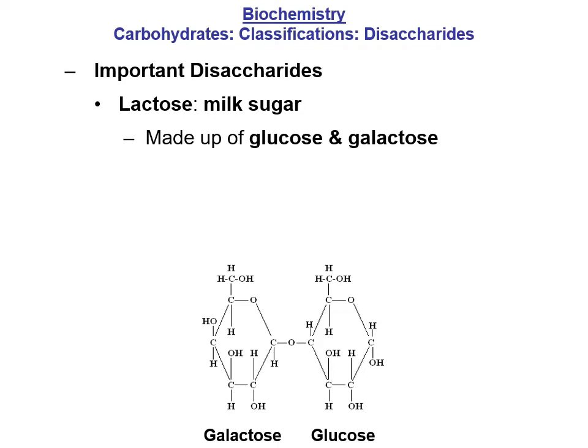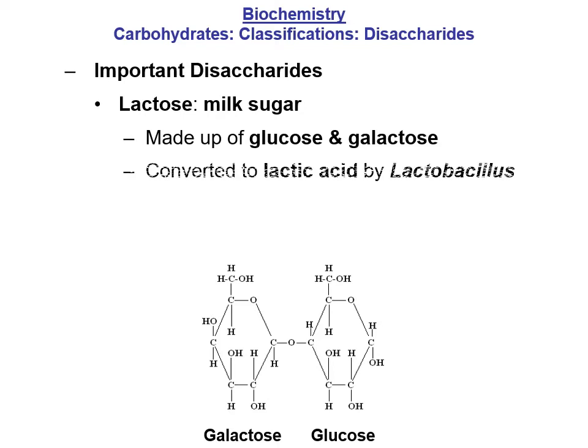So when you have milk, and if you let the milk sit out for too long, the lactose in the milk can get turned into lactic acid by lactobacillus bacteria. And this is what causes sour milk. So if you have milk that's soured, the lactobacillus bacteria has gotten in there and converted the lactose to lactic acid.